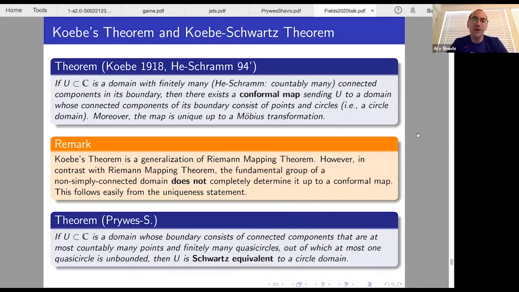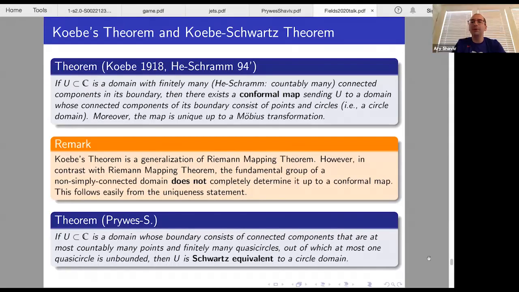If we take a domain whose boundary connected components consist of at most countably many points and finitely many quasi-circles, so we cut out many Koch snowflakes, for instance, and we also allow one quasi-circle that is unbounded.